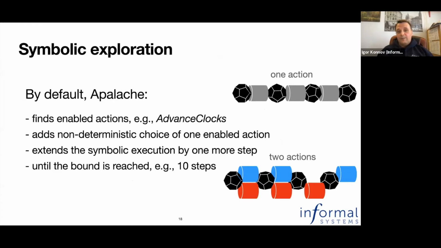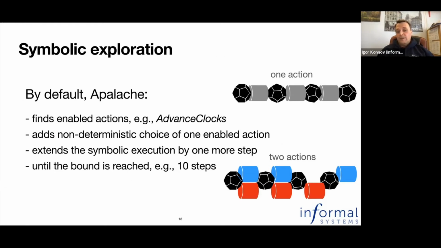That's what we call symbolic exploration. And by default, it doesn't do much, actually. By default, what Apalache does, it finds enabled actions at each step. In this case, it's advance clocks. If there is just one action, it immediately adds constraints about this action and continues to the next step.